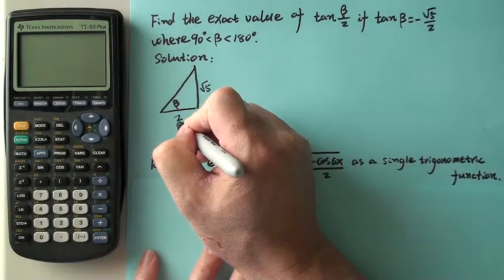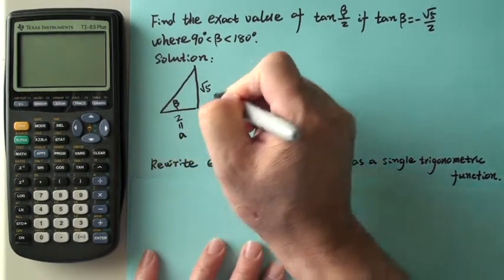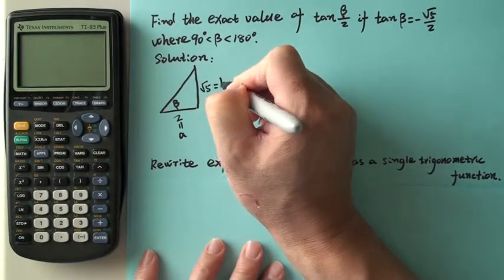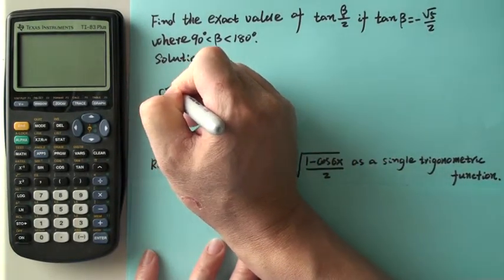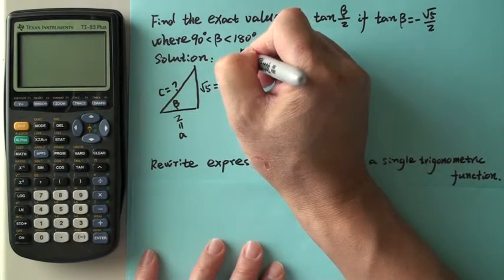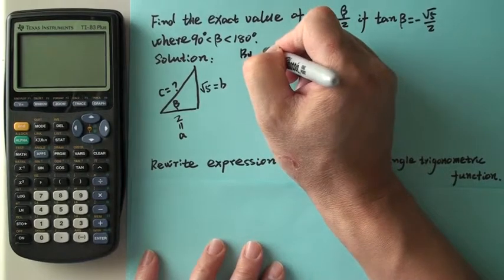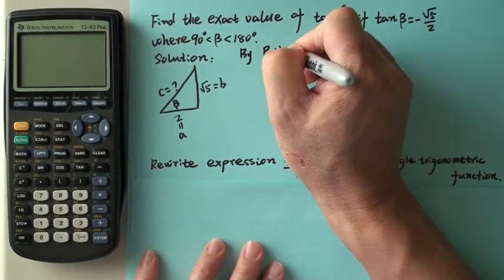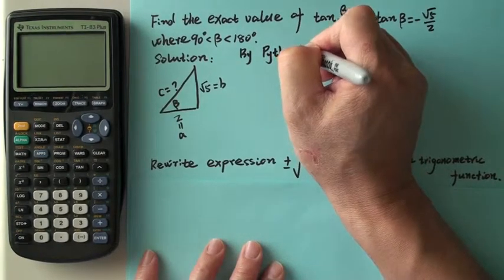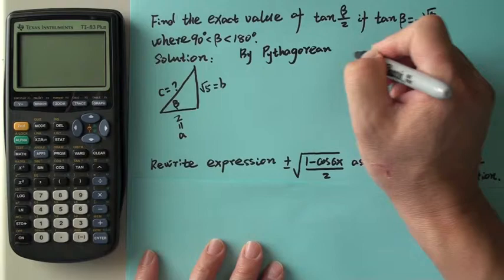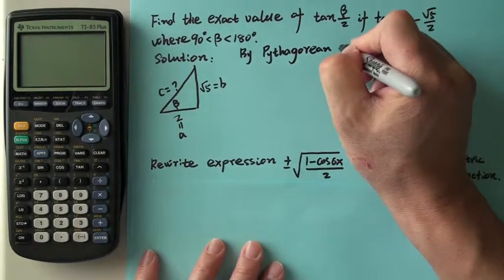Then if here is a, here is b, then what does c equal? Okay, so you get c by the Pythagorean theorem.